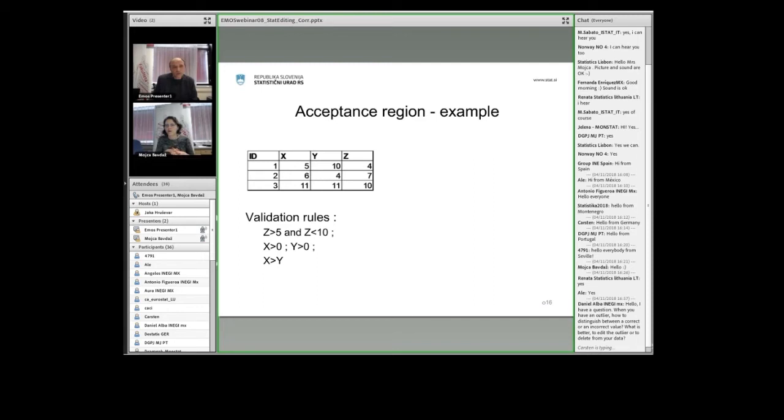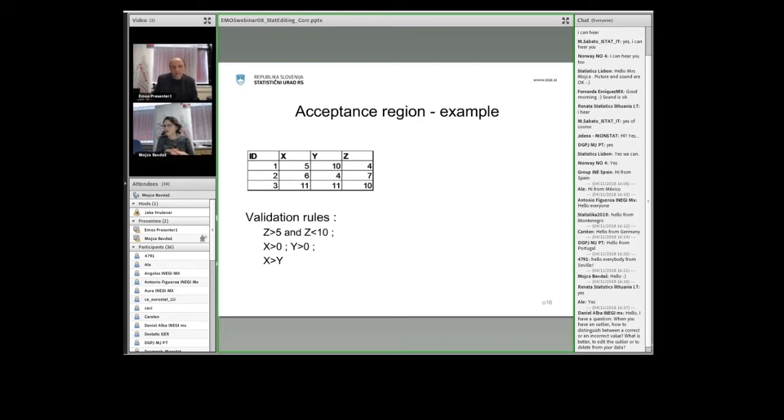And for Z, it's quite easy to find the acceptance region. It's simply between 5 and 10. What is in this interval is okay. What is out of this interval is outside the acceptance region.